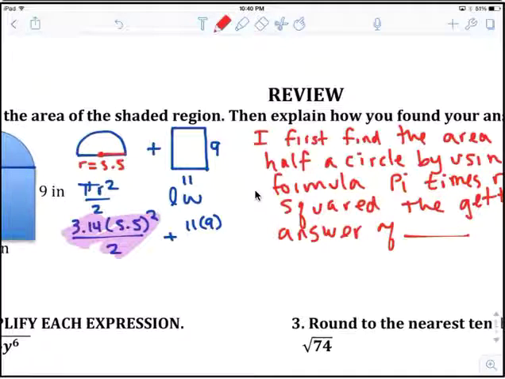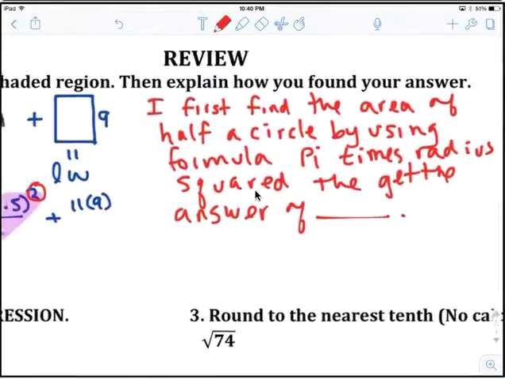Don't forget the squared and don't forget divide by 2. Period.